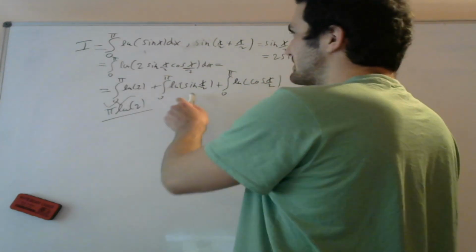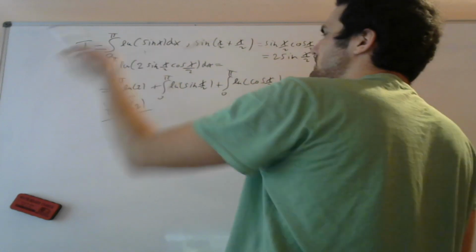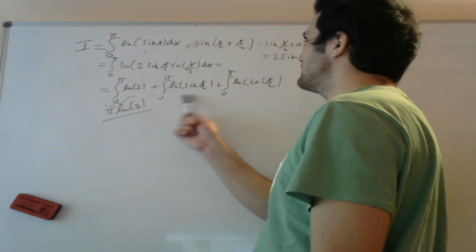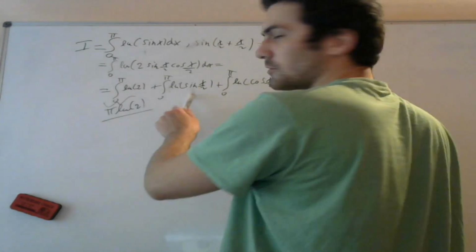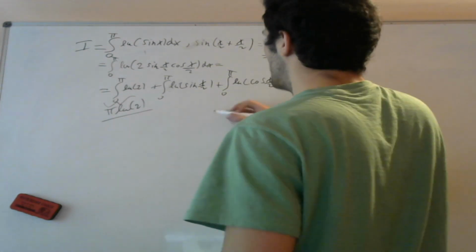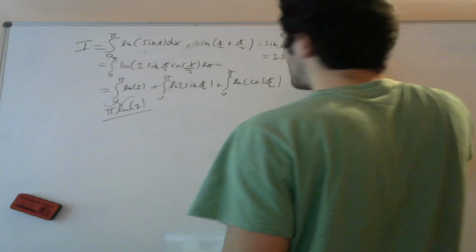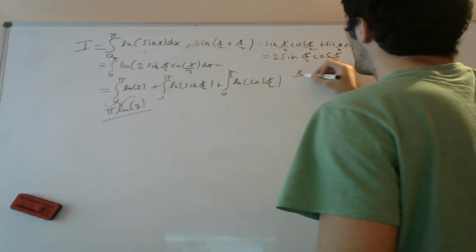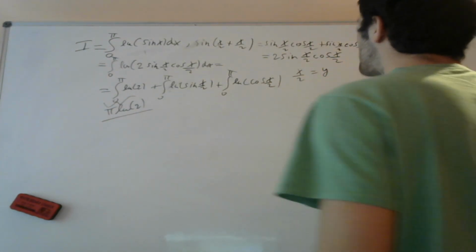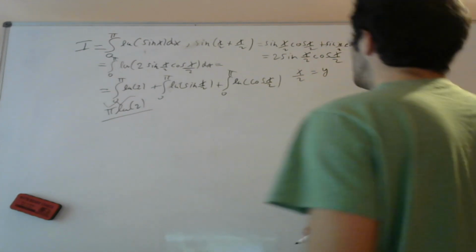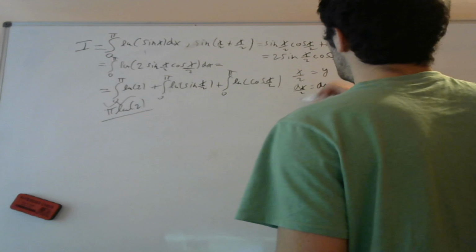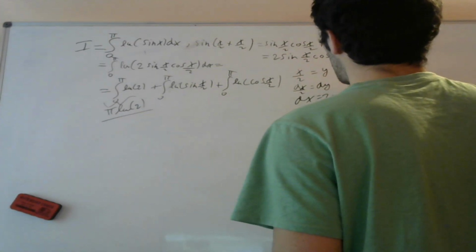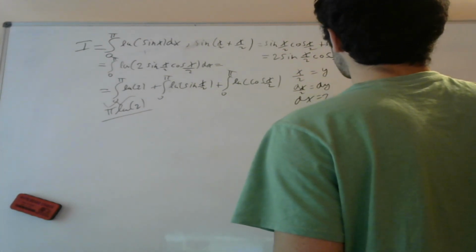If you notice, these two look quite similar, just that this one has x over 2 and this has x. So maybe let's introduce a substitution. Let's call x over 2 equal to y, so dx over 2 equals dy, dx equals 2 dy.